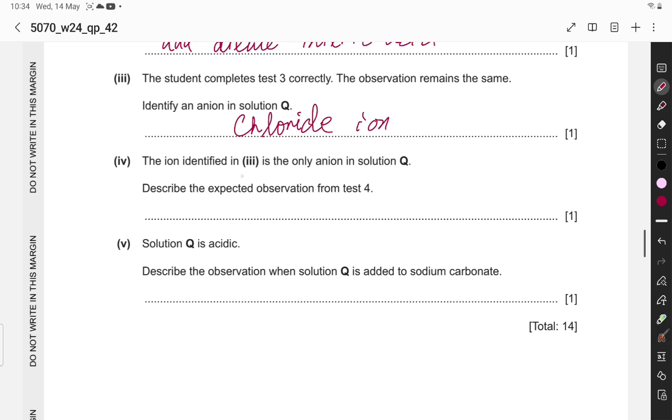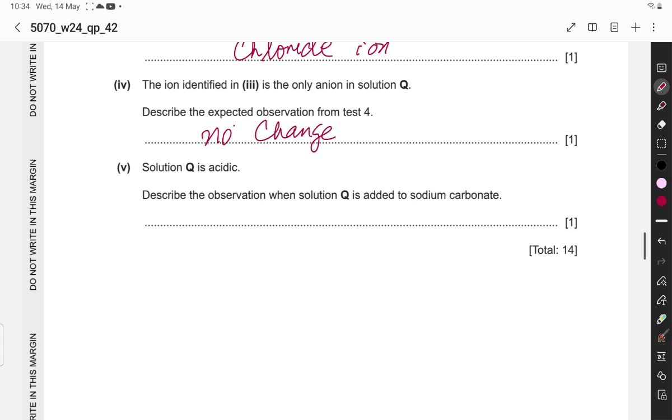The ion identified in 3 is the only anion in solution Q. Describe the expected observation from test 4. No change because chloride ions are present. Solution Q is acidic. Describe the observation when solution Q is added to sodium carbonate. Effervescence or fizzing of carbon dioxide.